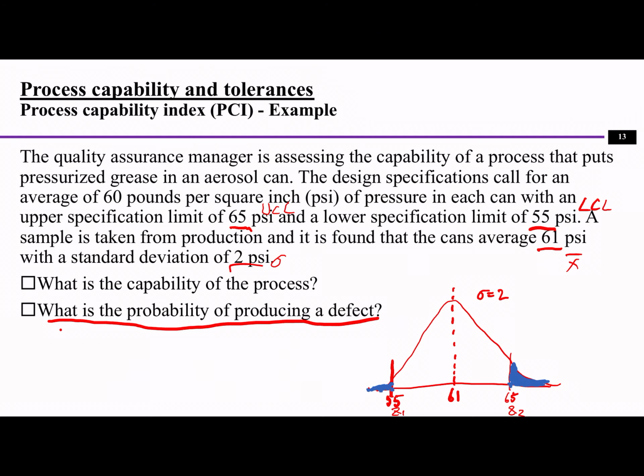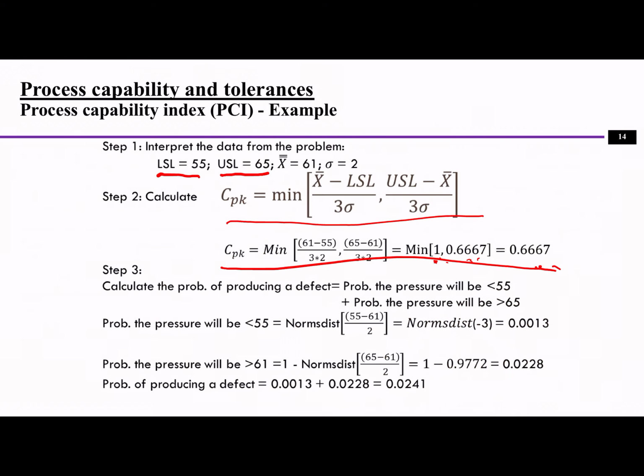Because I have a sigma, all we need to do is find z, which is how many sigmas we move out from the mean. You can easily calculate that. 61 minus 55 is 6, and 6 divided by 2 is 3, so z1 equals minus 3.